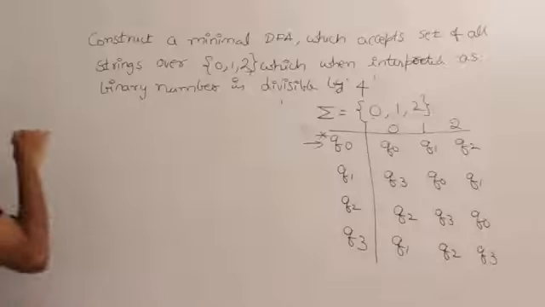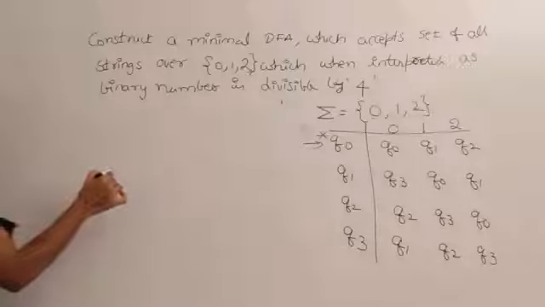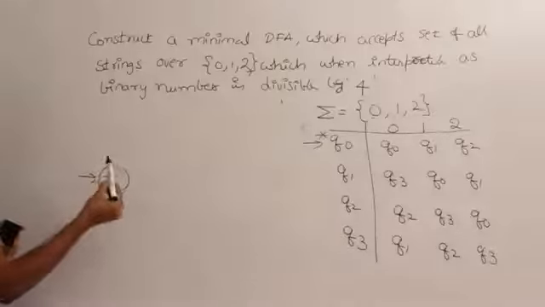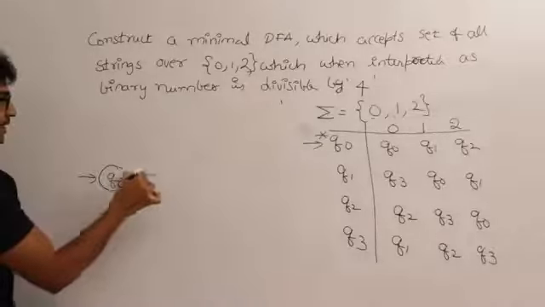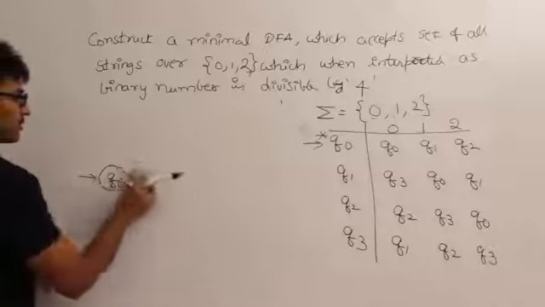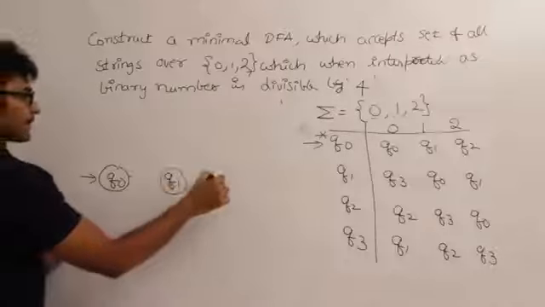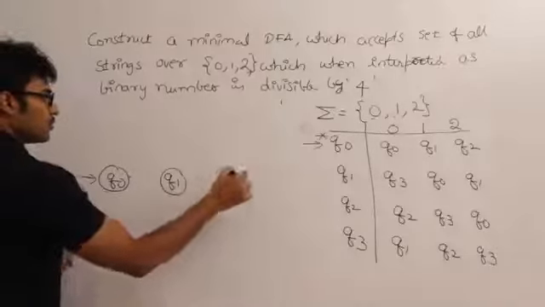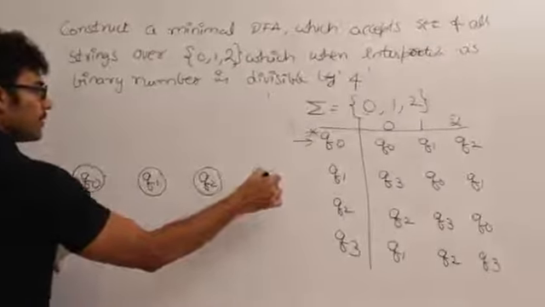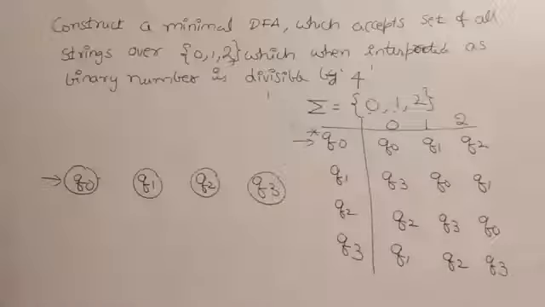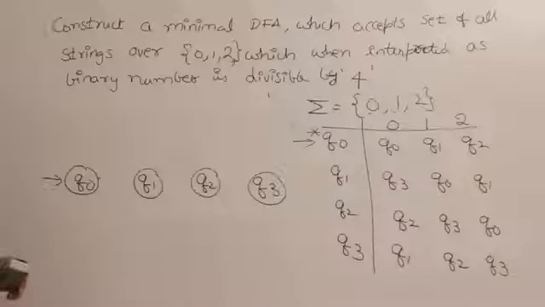How many states will be there in the DFA? There will be 4 states. Why? Because the problem is about divisible by 4. So let us write like this: Q0, Q1, Q2, Q3, and the numbers are 0, 1, 2, the ternary numbers.